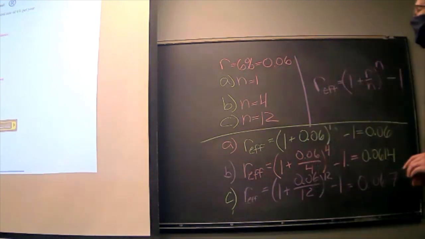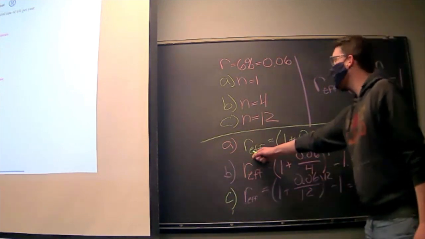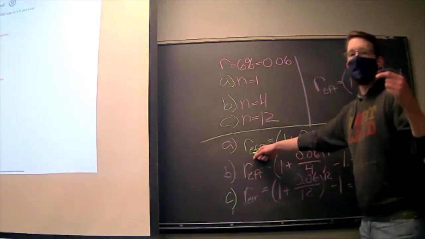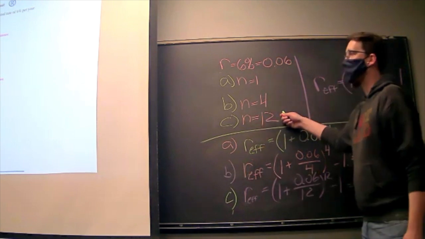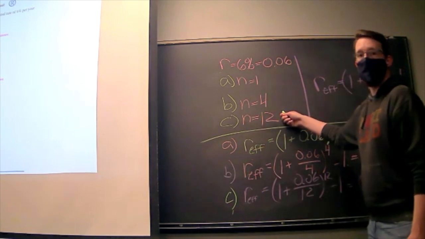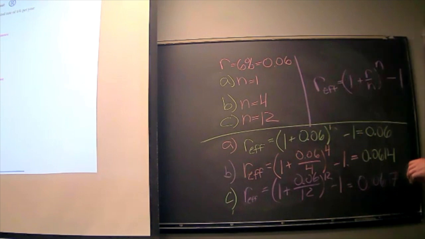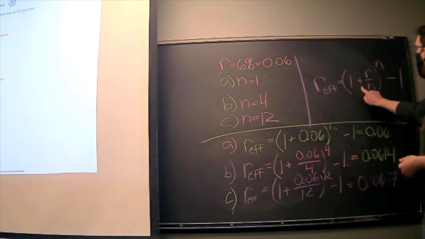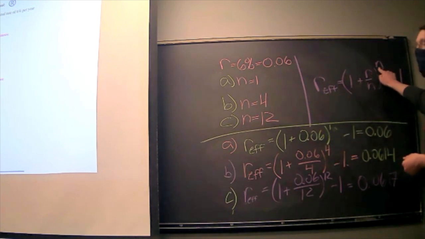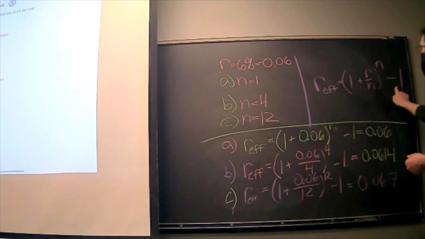All right. So, to answer my own question, what the effective rate is measuring is what you can expect to incur year to year, given how your interest rate is compounding, right? So let's look at what we've got here. We're saying that R effective is 1 plus R over N, all raised to the nth power minus 1.